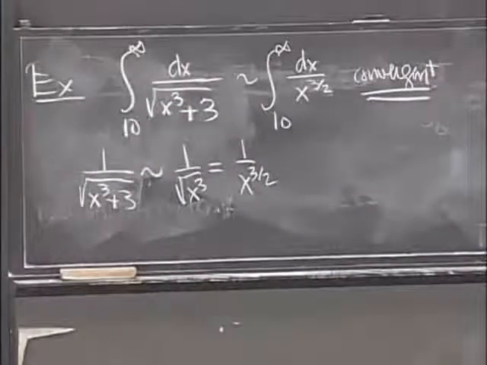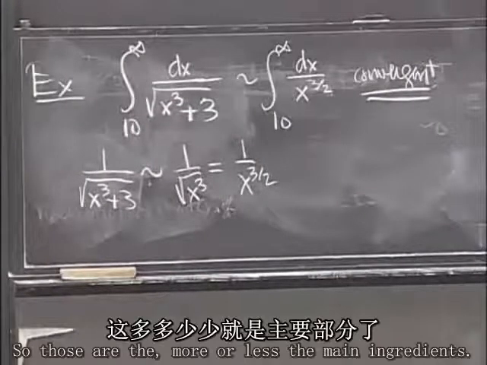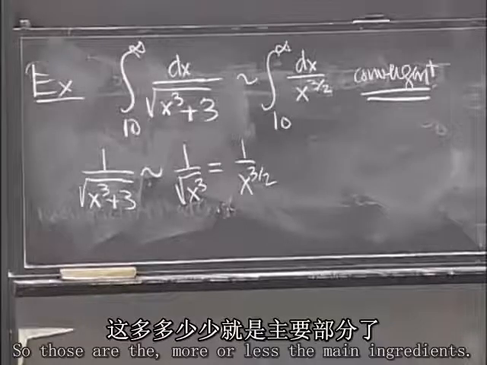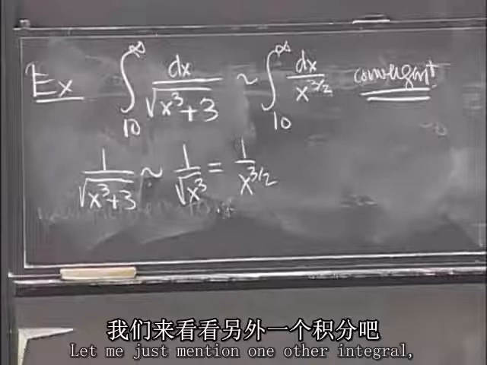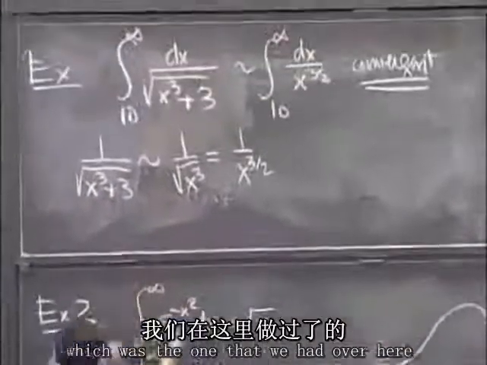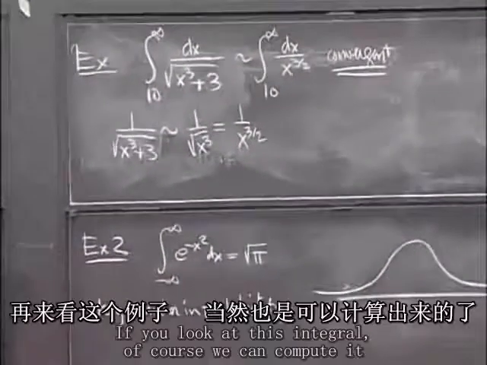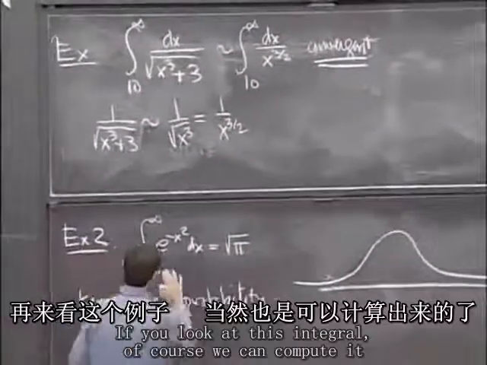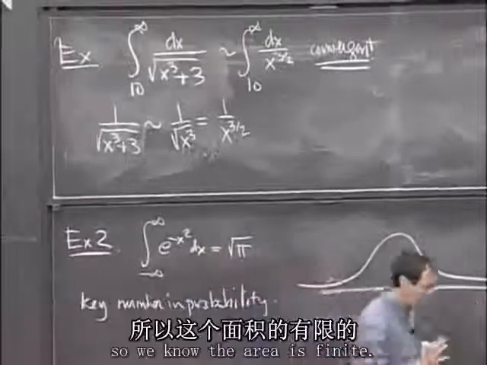So those are more or less the main ingredients. Let me just mention one other integral, which was the one that we had over here. If you look at this integral, of course, we can compute it so we know the area is finite.